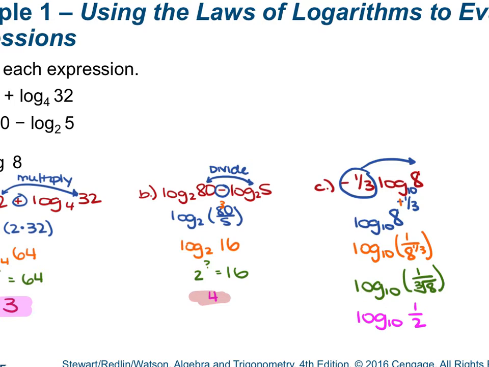From here, you are not going to go any further because you cannot raise 10 to any power to get 1/2. So you would leave it just like this. If for this, I'm going to go back and change this base to be 2, just so that way we can simplify this.